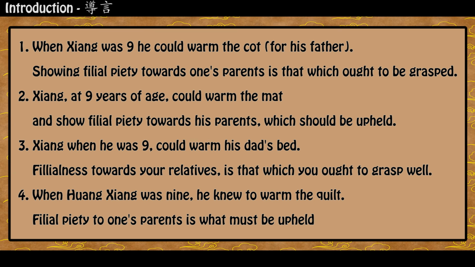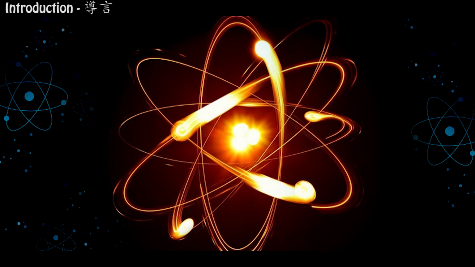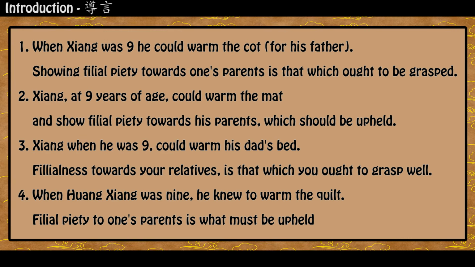Translating classical Chinese is a little bit like particle physics. When you measure a particle, you can either accurately measure the speed or the location of the particle, but you can't accurately measure both at the same time. So there will always be a little bit of a give and take with how you choose to overset a certain line, and what you choose to put the weight on.